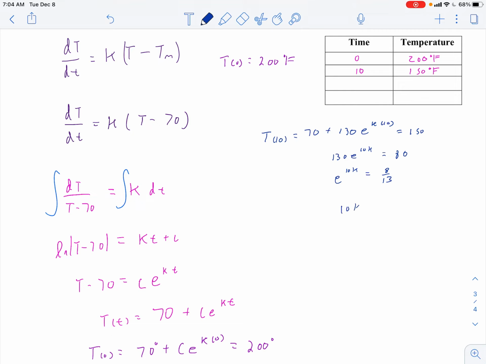Let's take the natural log. 10k is equal to the natural log of 8 over 13. Then divide both sides by 10. So k is equal to 1/10 natural log of 8 over 13, which is going to give me approximately negative 0.04855.